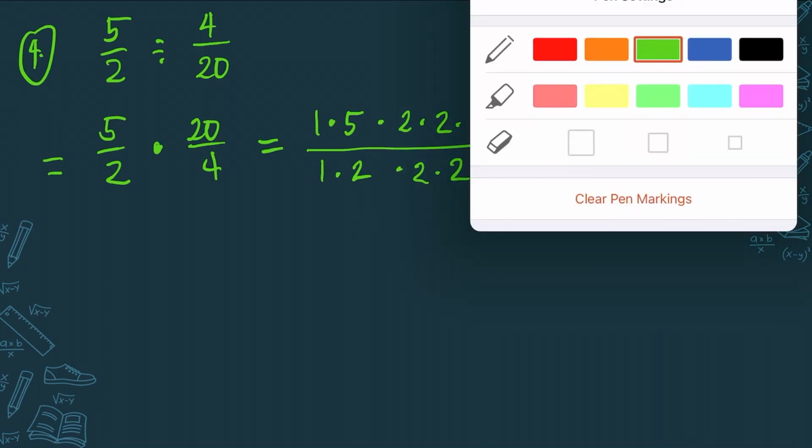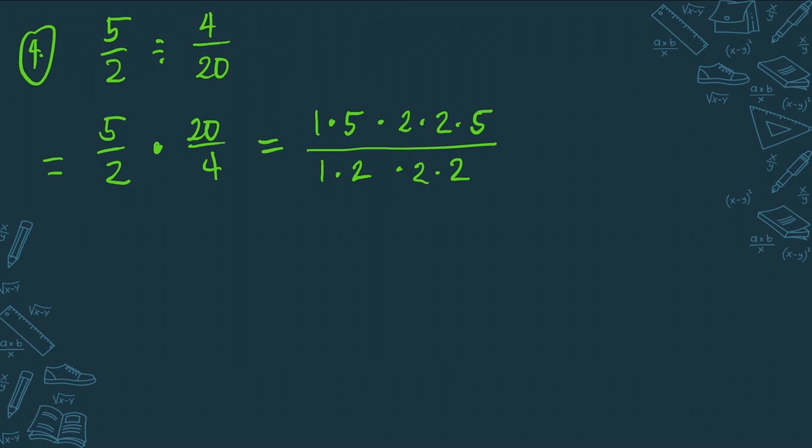And then we apply divide out. 2 divided by 2 is just 1. 2 divided by 2 is also 1. So the remaining factors for the numerator, we will just multiply those factors. So you have 1 times 5 is 5, and times 5 you have 25. And for the denominator, you have 1 times 2 is just 2.